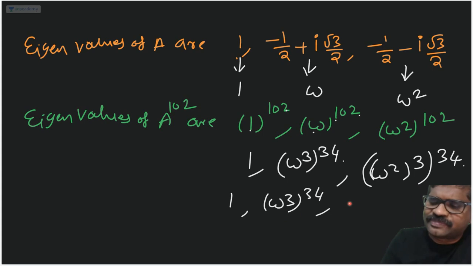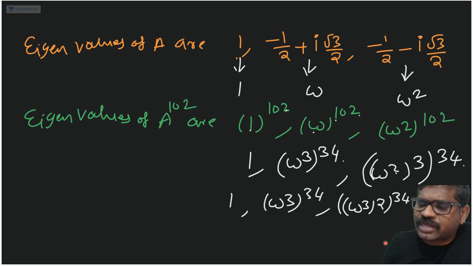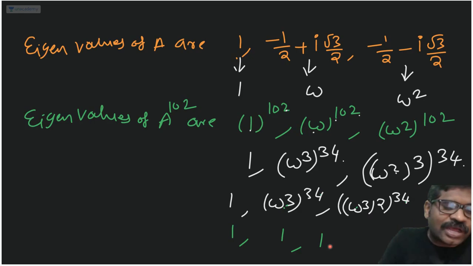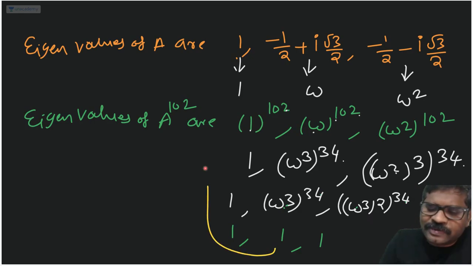Next, omega square whole cube, whole power 34, that is 1, omega cube whole power 34. Omega square whole cube and omega cube whole square are both the same, since a power m whole power n equals a power n whole power m. Now omega cube is 1, 1 power 34 is 1. So eigenvalues of A power 102 are 1, 1, 1.